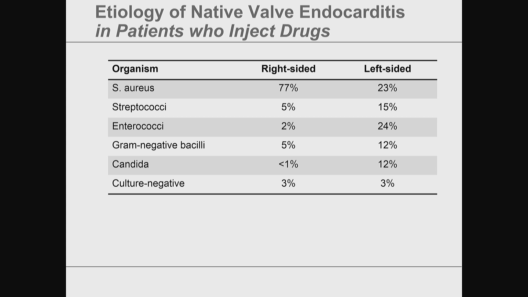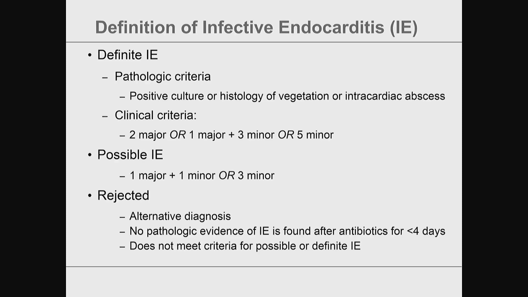Now this regards the organisms that are involved in endocarditis, but how do we go about diagnosing someone with infective endocarditis? We use the modified Duke criteria. So that's laid out into definite infective endocarditis, possible infective endocarditis, or presumed but rejected, meaning the patient does not have infective endocarditis.